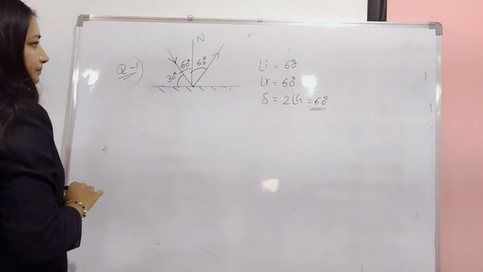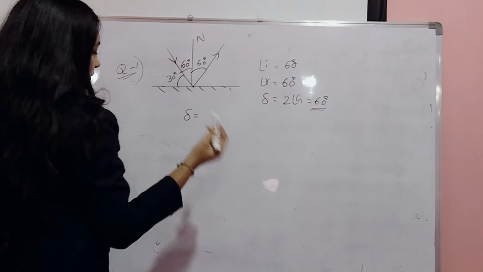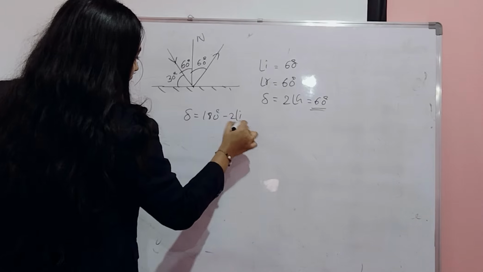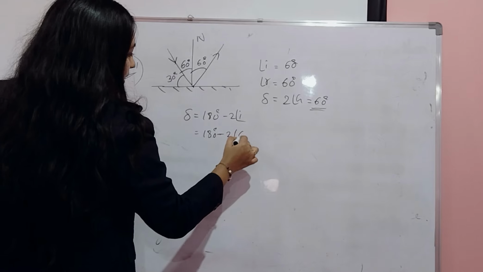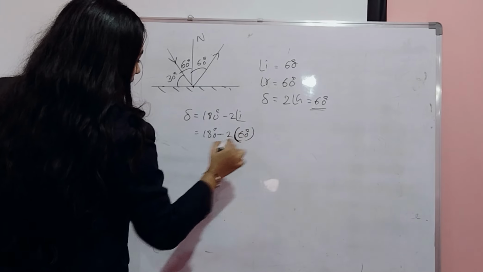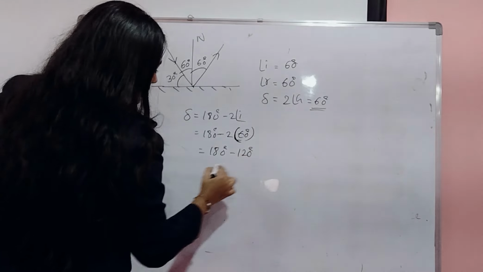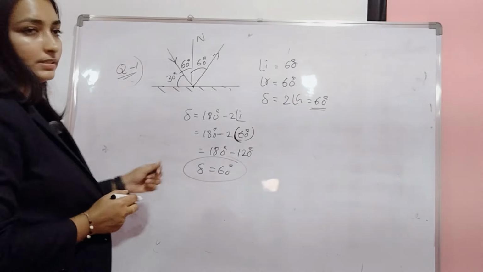You understood? So you can use either formula. Delta is equal to 180 minus 2i. So 180 minus 2 into what is I? 60 degrees. So 180 minus 2 into 60, that is 120, that is 60 degrees. You understood? So what is the delta? 60 degrees.